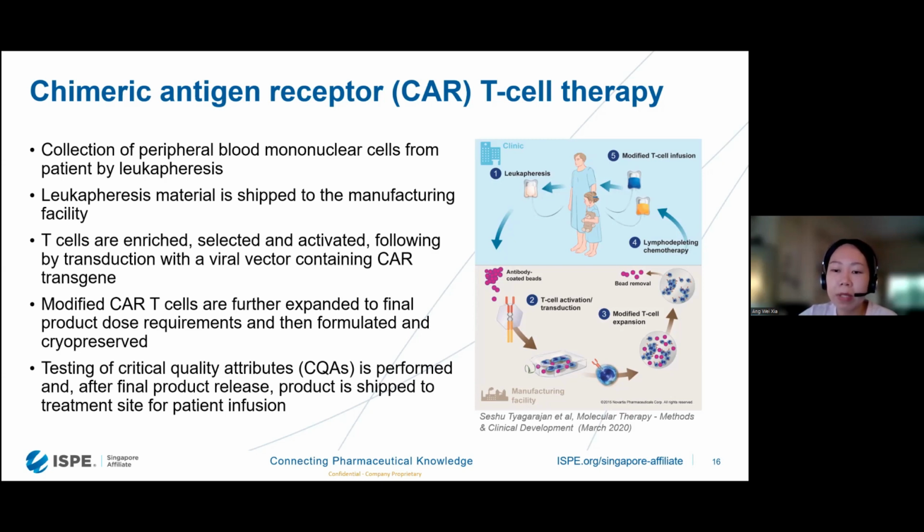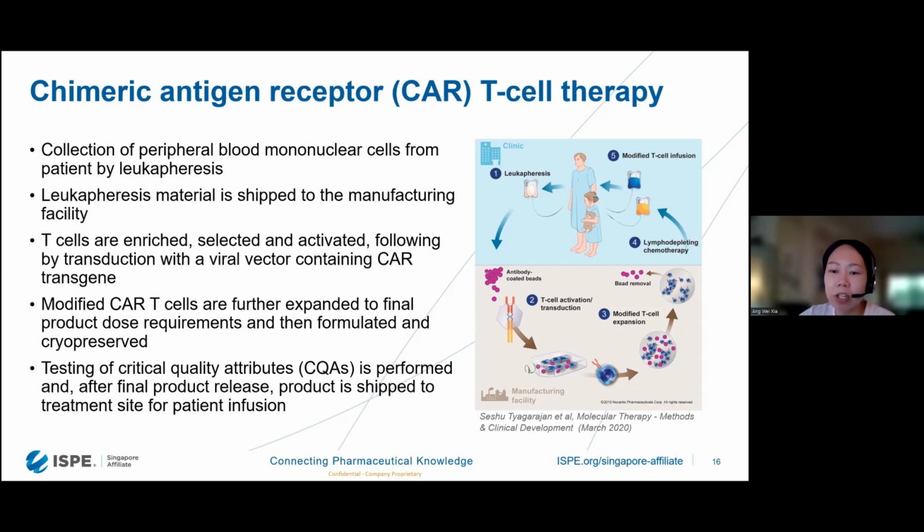The cryopreserved material is then shipped to the manufacturing facility and stored below -120 degrees Celsius until it is ready for further processing. Upon availability of a manufacturing slot, the patient leukapheresis material is thawed under controlled conditions, followed by cell wash to remove the cryo media.